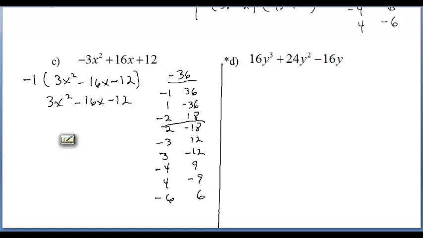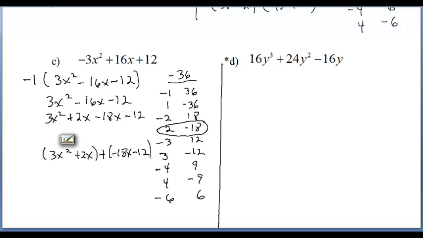So that would be a 2 and a negative 18. So I'm going to rewrite the middle term of my polynomial: 3x squared plus 2x minus 18x minus 12. Next, I'm going to factor by grouping, so I have 3x squared plus 2x plus negative 18x minus 12.